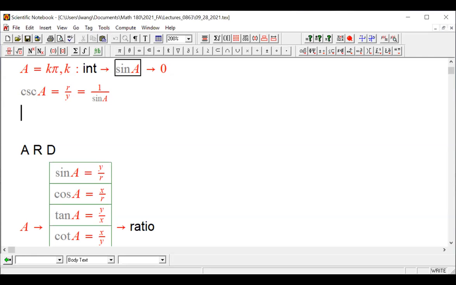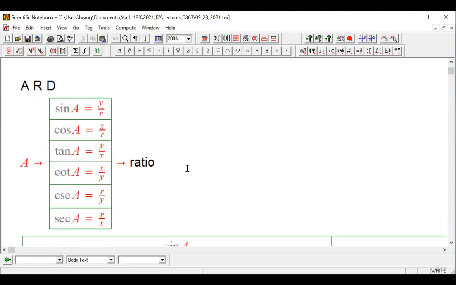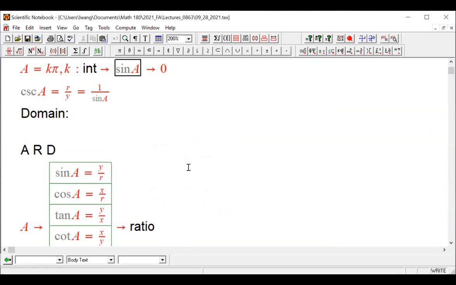So when we determine the domain, sine A cannot be 0, right? So what number will cause sine A to equal 0?